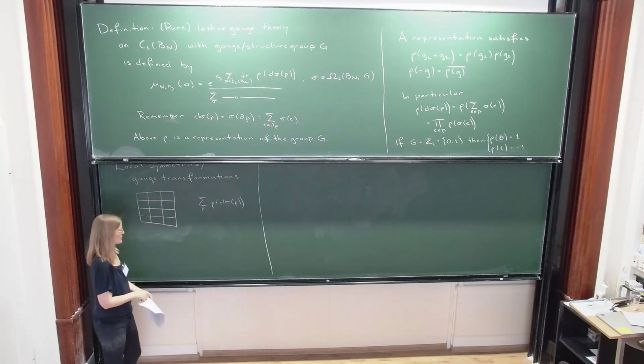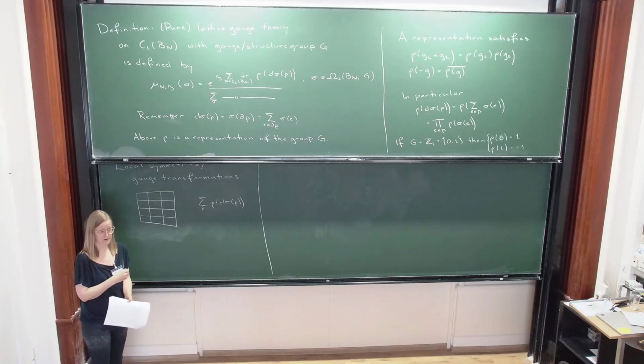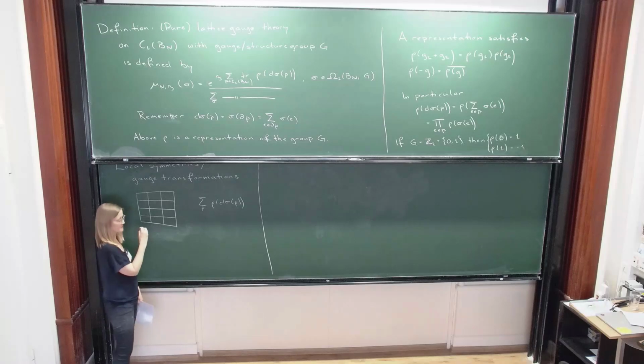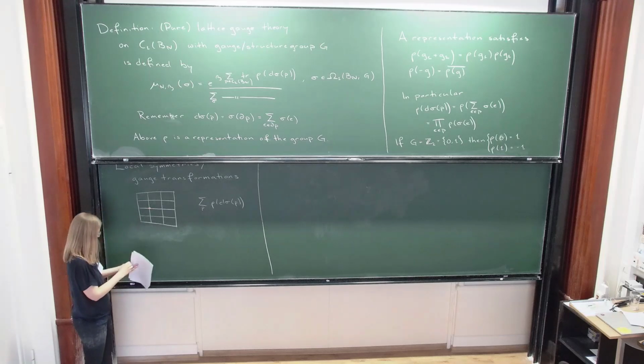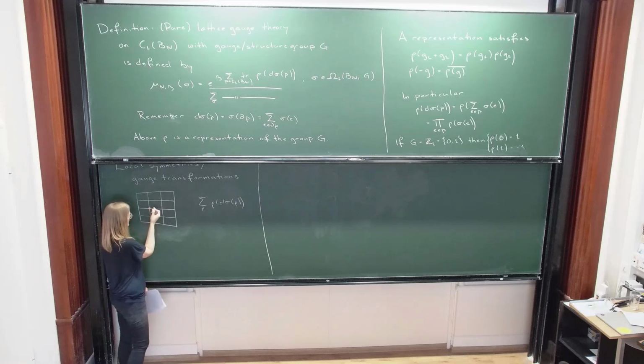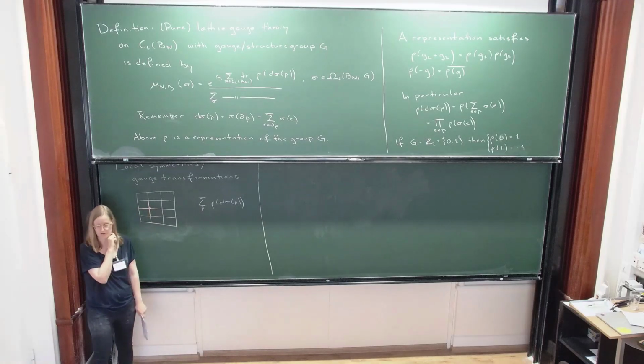Now the local symmetry Wegener was talking about was the following. So pick any vertex, say this one. And what you will do, if the group is Z2, is flip the spin on each edge adjacent to that vertex.